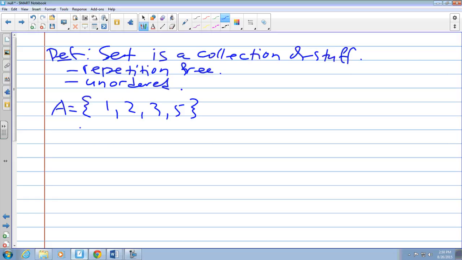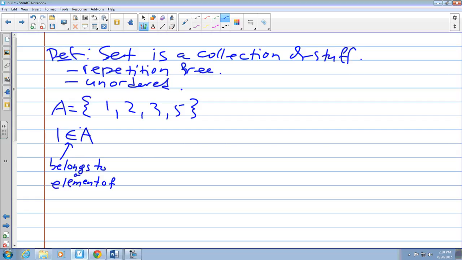Now, we don't like writing "1 is an element of A." That's a lot to write. It seems we need a symbol, and we do. And here's a symbol. That weird-looking thingy stands for belongs to, or element of.